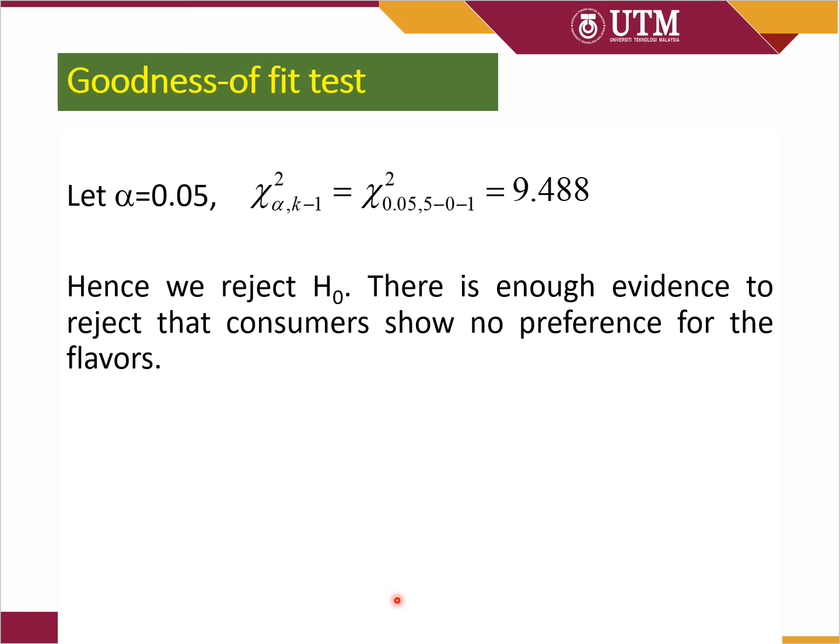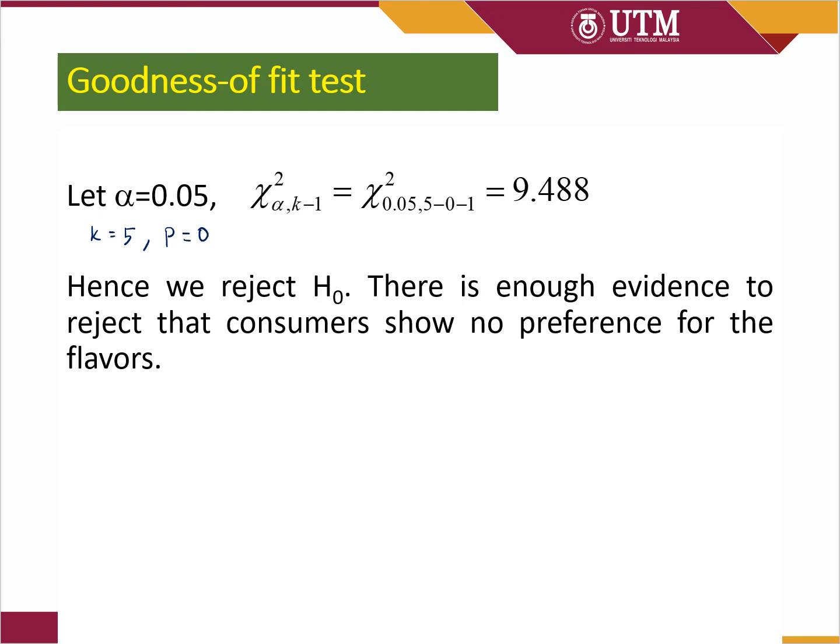In our case, let's say alpha equals 0.05. To find the critical value, k is 5 flavors, and we don't estimate any parameters from the sample data, so the number of parameters is 0.